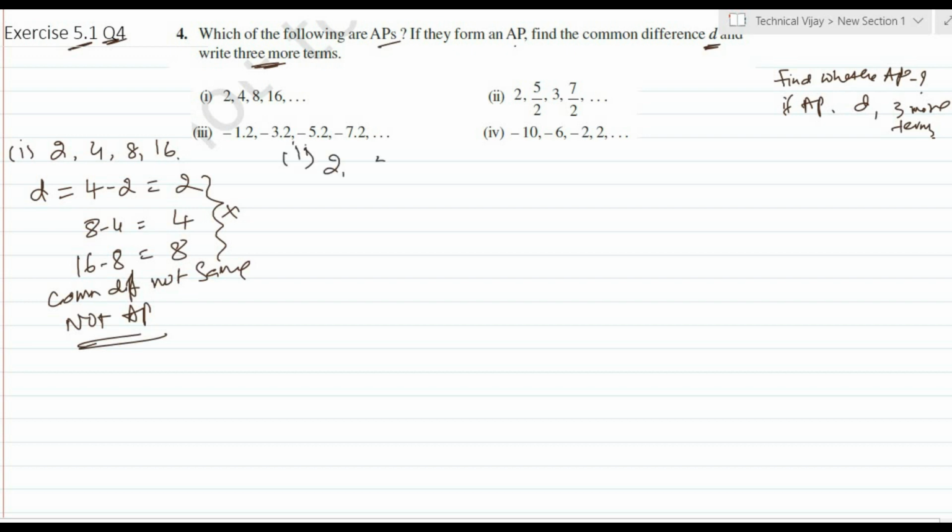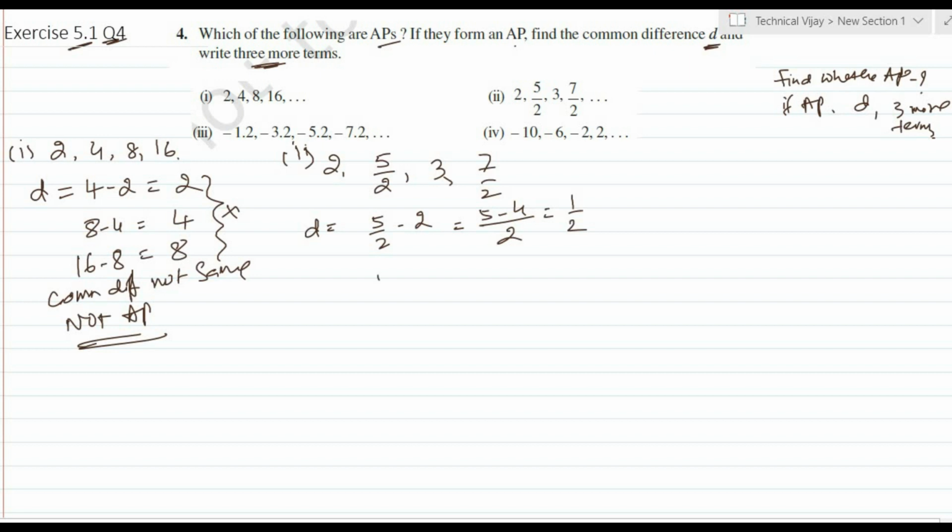2, 5 by 2, 3, 7 by 2. Now here, to check whether it is in AP or not, we have to find out the common difference. D is equal to 5 by 2 minus 2, which is 5 minus 4 over 2, equal to 1 by 2.